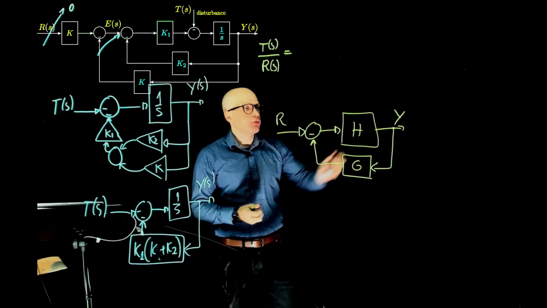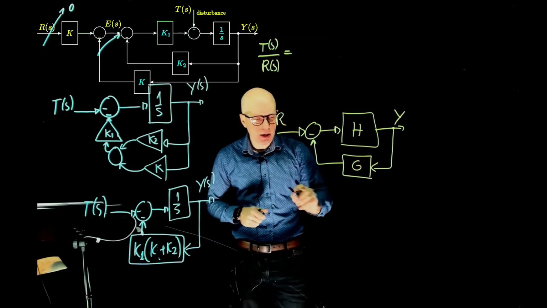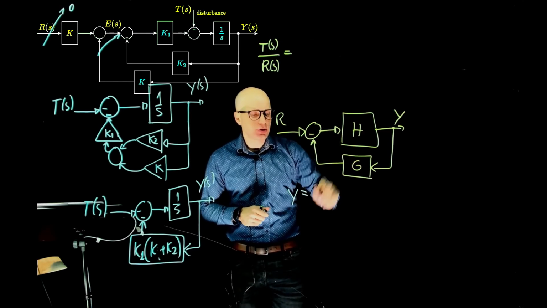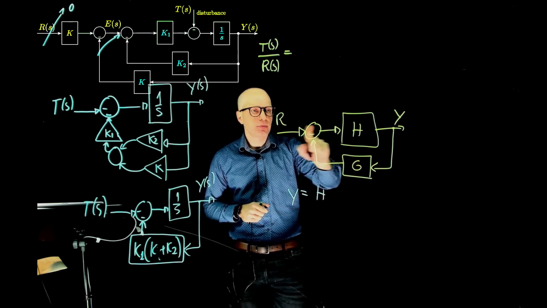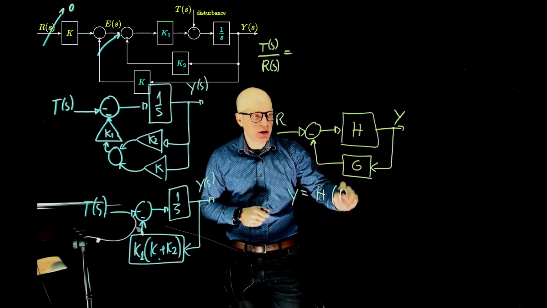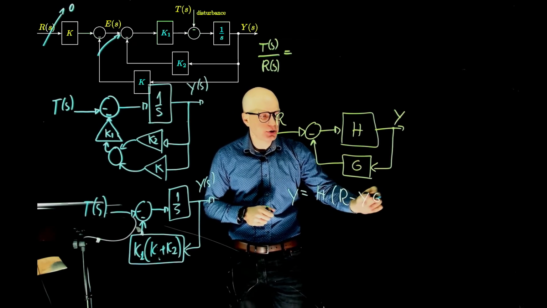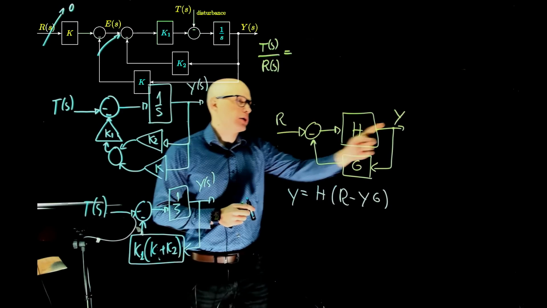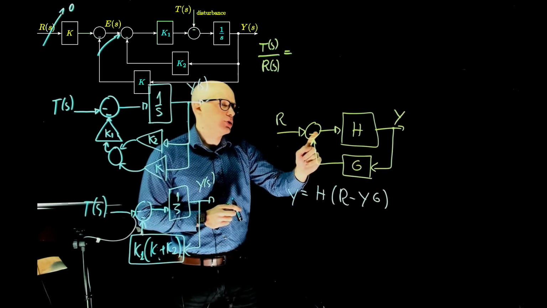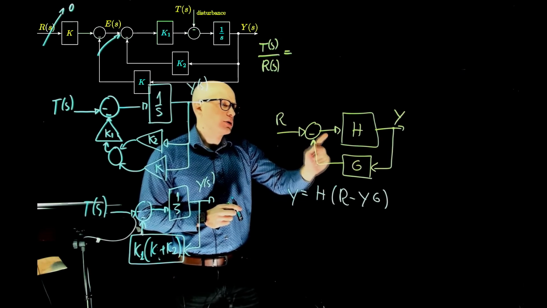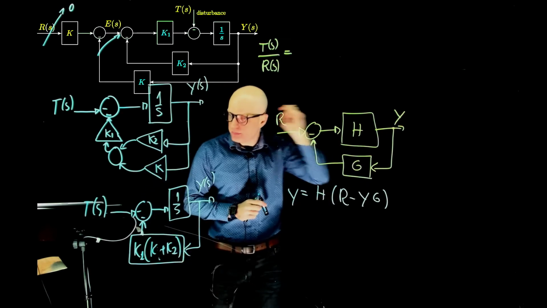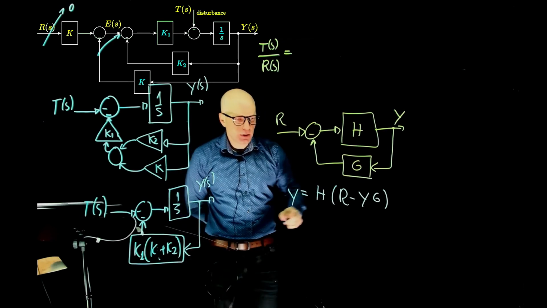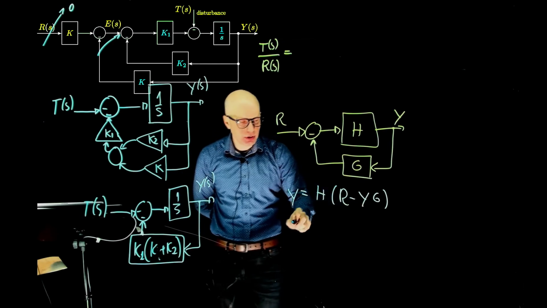What is the equation for Y? Y is this signal times H. So H times this signal here, which is R minus Y times G. R minus Y times G, here is the signal times H gives Y. Okay, so we can multiply this out.